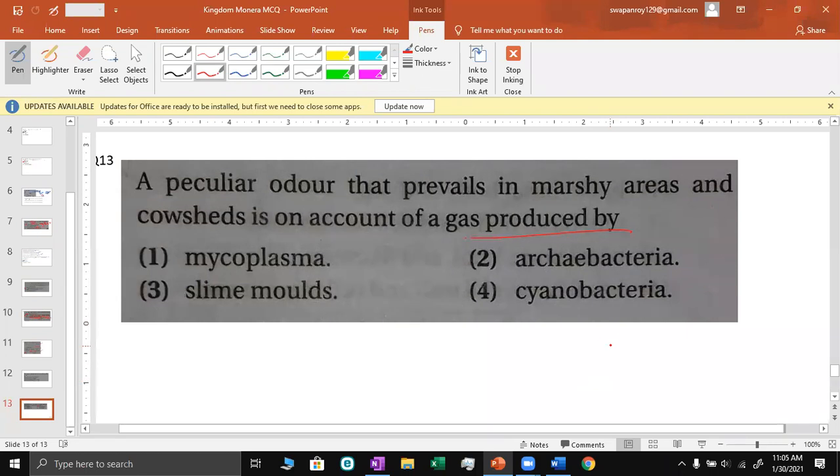The gas which is produced, that is methane gas. No? Methane gas, and this is by methanogens, and methanogens belong to Archaebacteria.